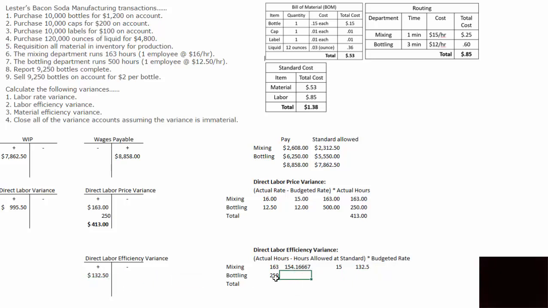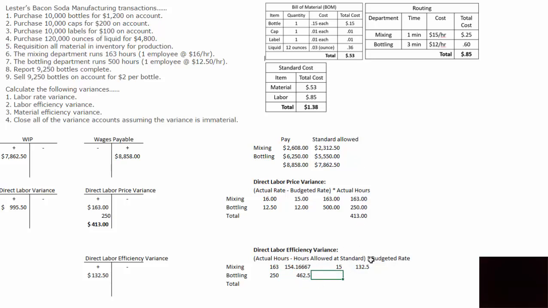For my bottling department, the formula is very similar to calculate hours allowed. 9,250 bottles is what we completed. Each bottle is allowed 3 minutes in the bottling department. So I take 9,250 times 3 minutes, divide that by 60 minutes in an hour. We're allowed 462.5 hours.